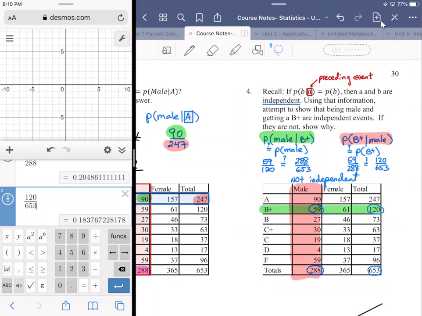Therefore, a person's gender is dependent on their grade, or their grade is dependent on their gender. Well, it sounds horrific when you say it that way. I don't think that's the case. I know it's not the case because I know who I am. However, if you take a simplistic view of this, that's what it might appear like.